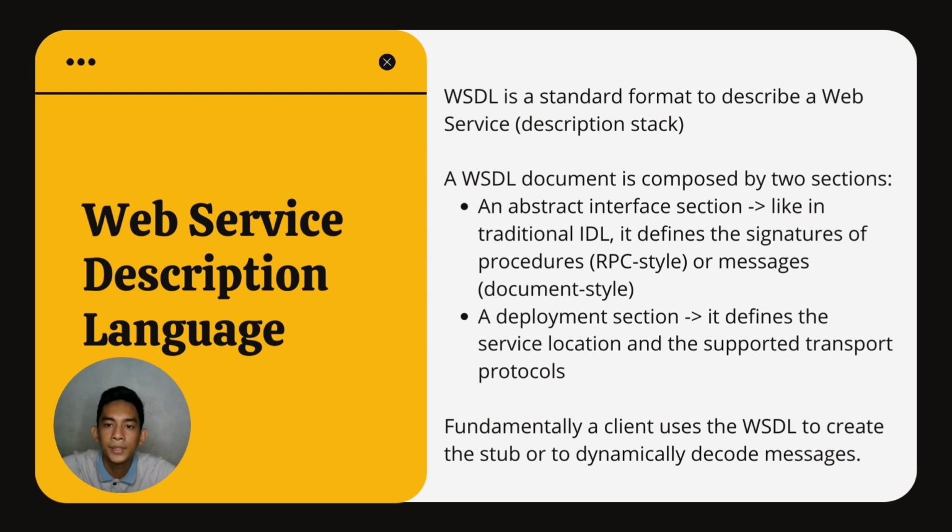The abstract interface section, like in traditional IDL, defines the signatures of procedures, RPC style, or messages, document style. Second, the deployment section defines the service location and the supported transport protocols. Fundamentally, a client uses the WSDL to create the stub or to dynamically decode messages.